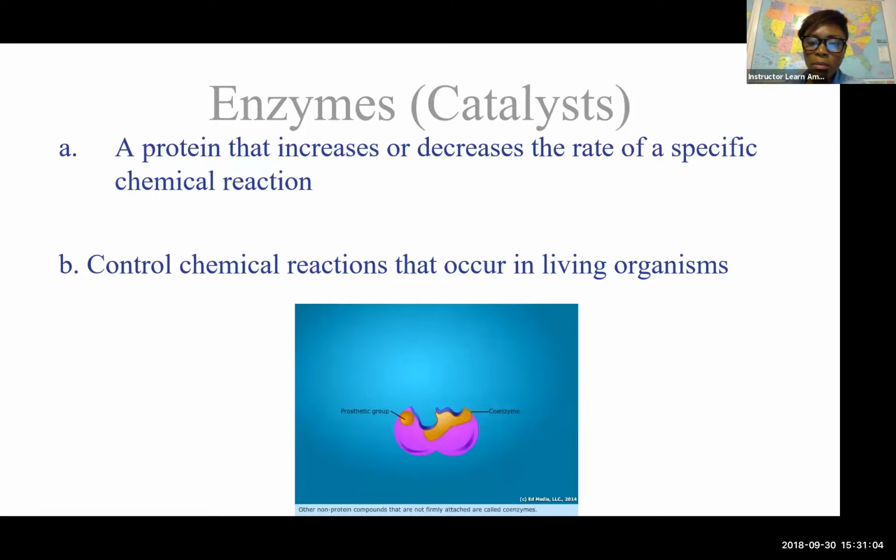Other non-protein compounds that are not firmly attached are called coenzymes. An enzyme that requires a cofactor in order to become active is called an apoenzyme. When both the non-protein and the protein parts of the enzyme are present, the whole complex is called a holoenzyme.